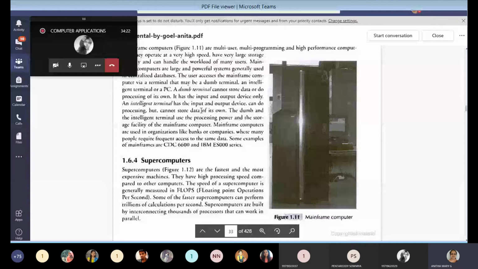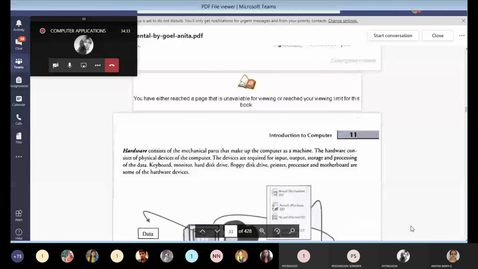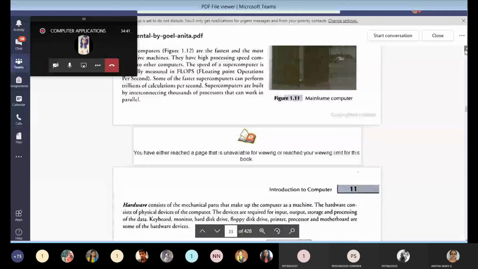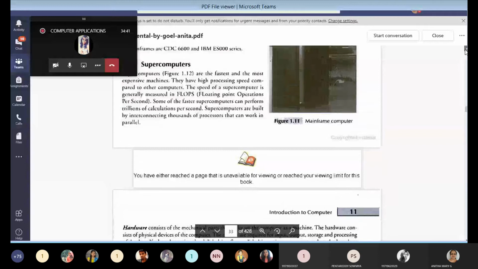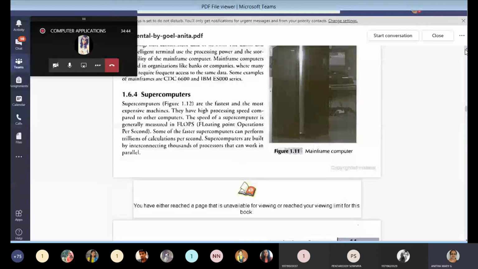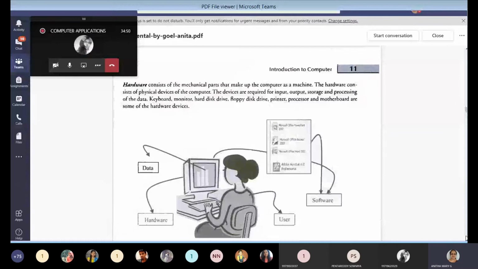And then moving on to the next one, supercomputers. The diagram is missing here in the textbook itself, so you can just refer to the textbook.